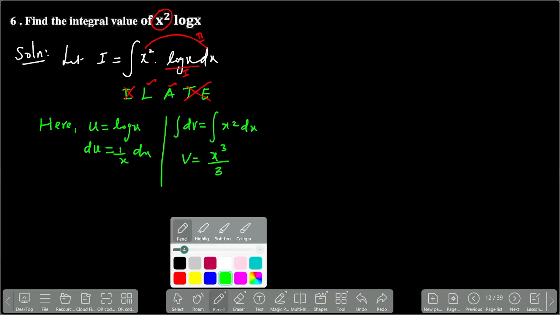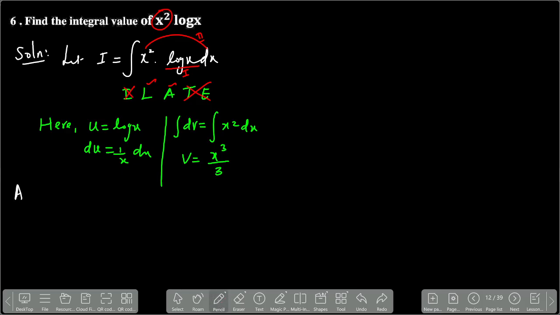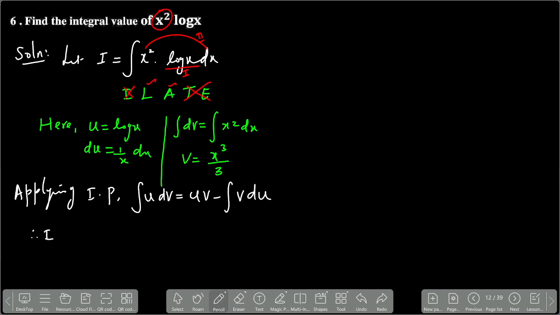Apply the integral by parts. What is the formula? Integral u dv equal to uv minus integral v into du, correct? Therefore, finally, I equation number 1 becomes I equal to u. What is u?